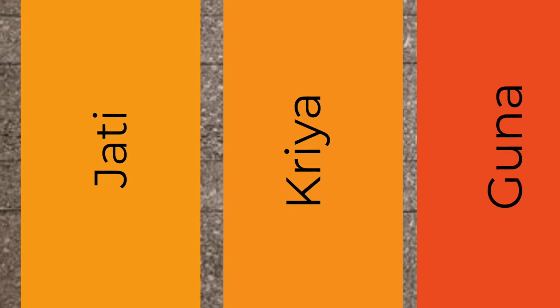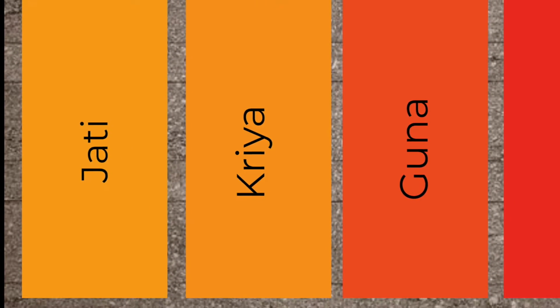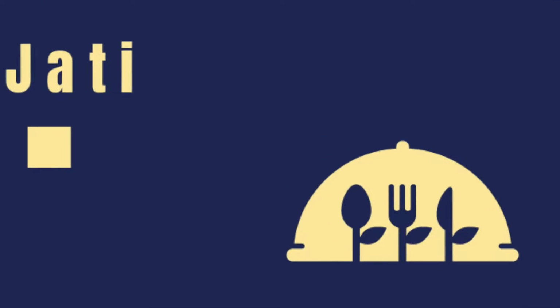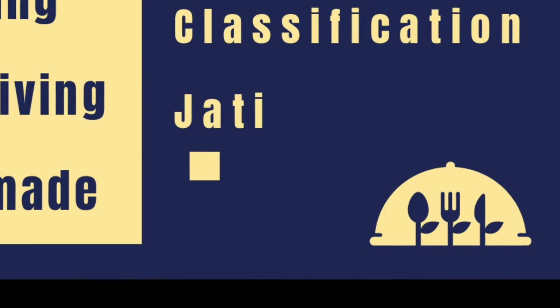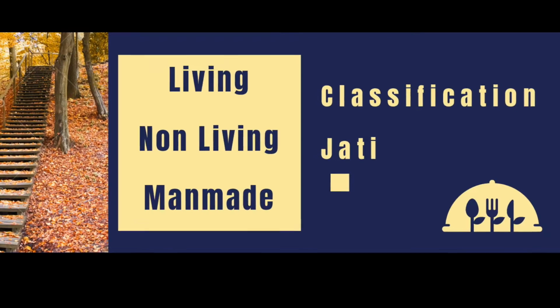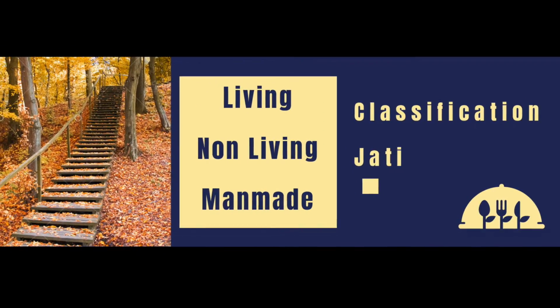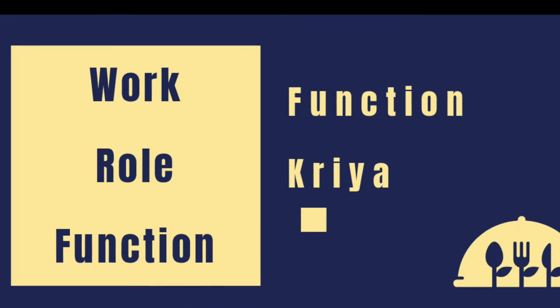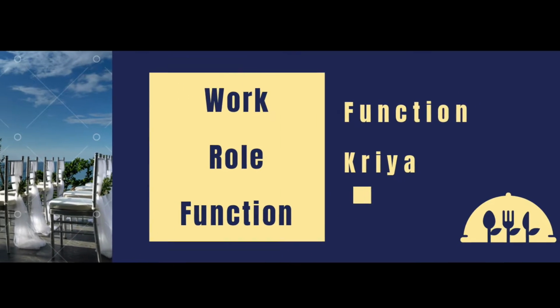According to Indian tradition, seekers understood the world by sorting what they studied into Jati, Kriya, Guna and Sambandham. What are they? Loosely translated, Jati refers to the category such as man-made, natural, humans, living, non-living, or further still mammals, etc. Kriya refers to the role, the work, or function that something plays on earth.